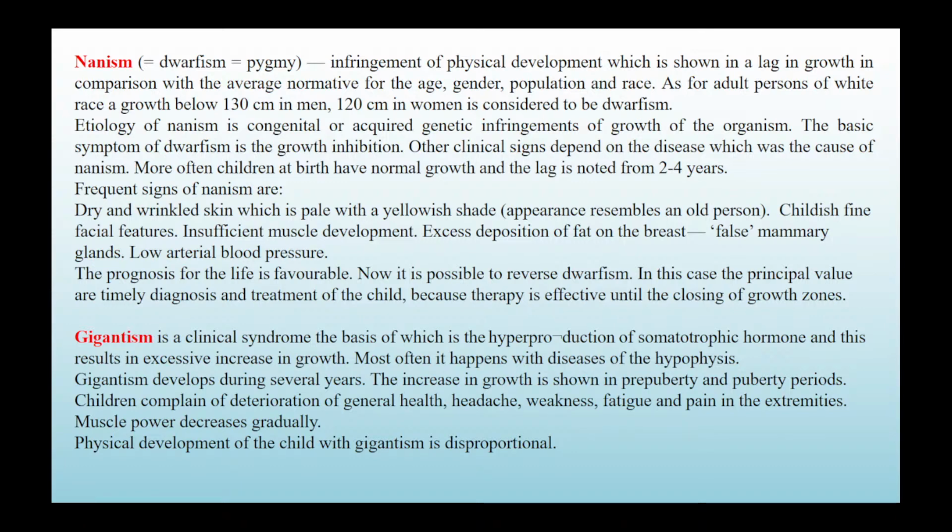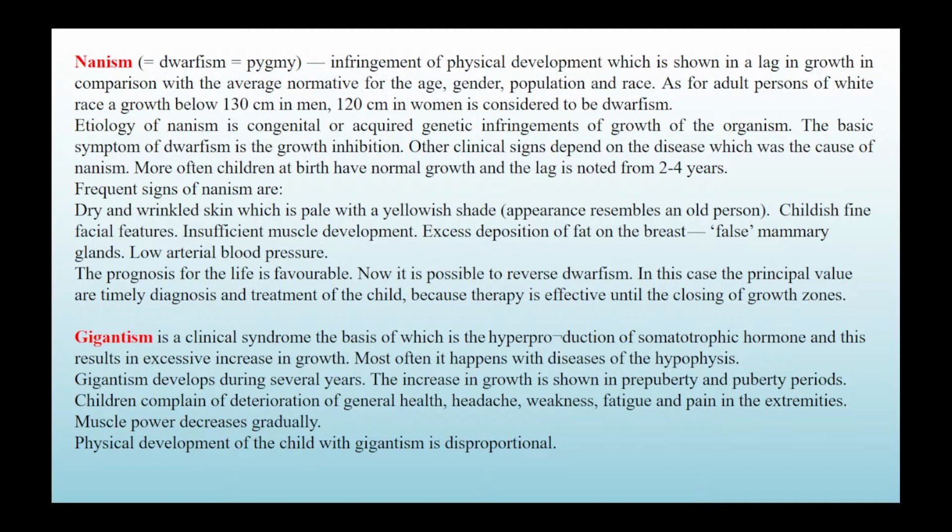Frequent signs of dwarfism are dry and thin skin, pale with a yellowish shade, childish fine facial features, insufficient muscle development, excess deposition of fats on the breast, false mammary glands, and low arterial pressure.